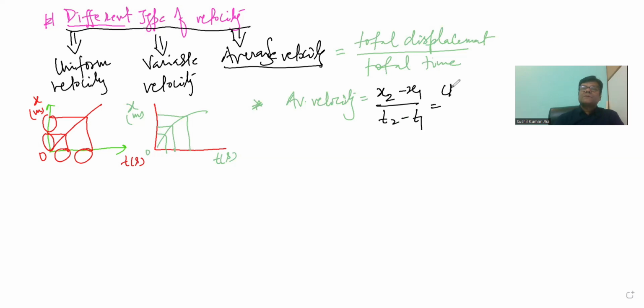This is called change in position divided by change in time. That could be V average as, let's say, delta x upon delta t, right?